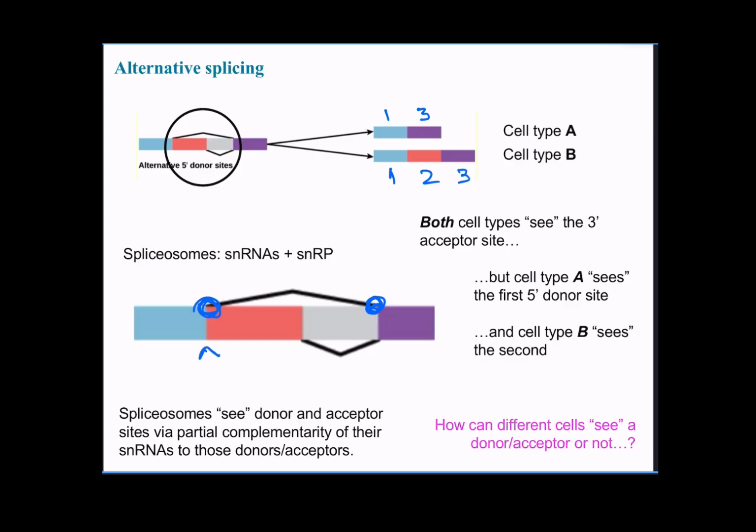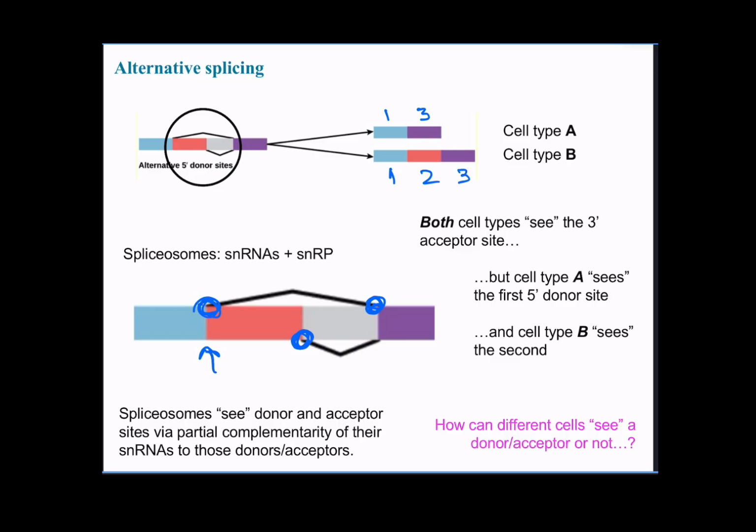that donor site is not seen by cell type B, and instead the one that is seen is a donor site that happens between exon 2 and intron 1. Did that make sense? So splicing depends at the end of the day on what the spliceosome, the machine that does the splicing, sees in these pre-mRNA molecules.